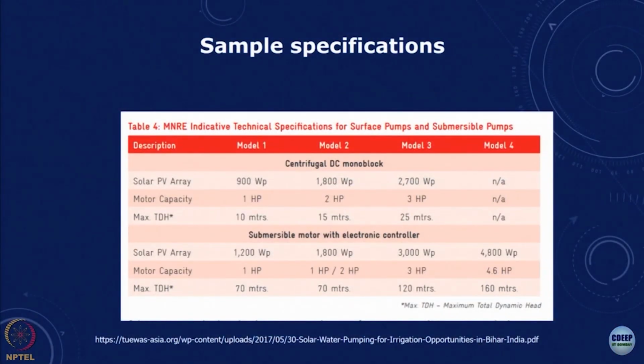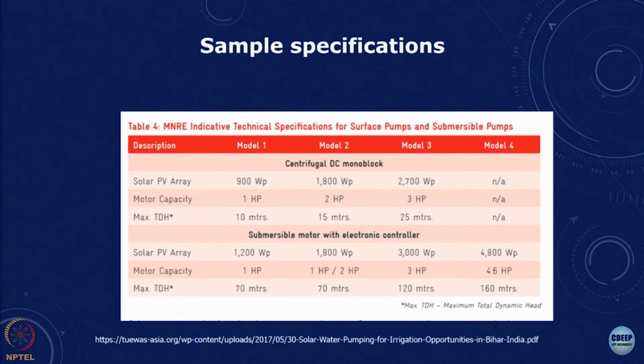There are many different configurations we can do. You can see different module arrays going from 900 watt peak to about 2.7 kilowatt, different kinds of centrifugal pumps or submersible pumps, and a large number of possible configurations. So this is another option which we can see.